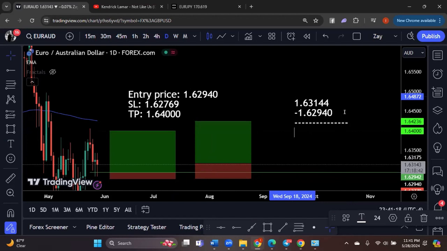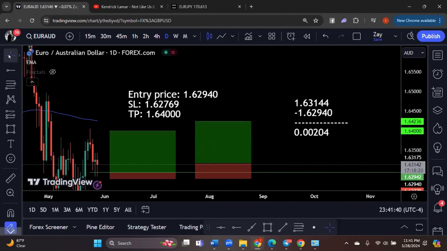I'm not the best, but I use a calculator for this, right? So I'm gonna do 1.63144 subtract 1.62940, right? And that gives me 0.00204.